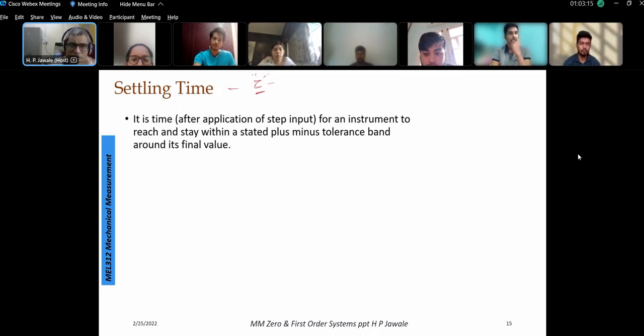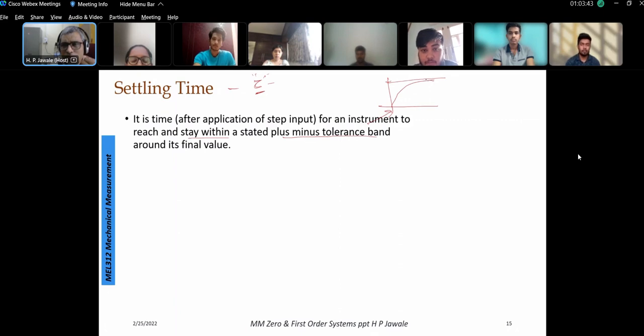So the settling time is nothing but the time for an instrument or the measurement system to reach and stay at the minimum desired output value, within the stated plus or minus tolerance band around the final value. If you again recall the earlier graph, for example, this is the standard input given.